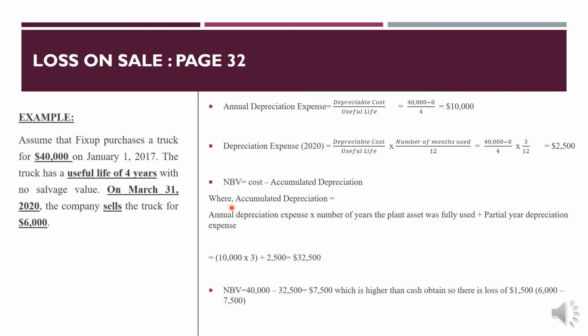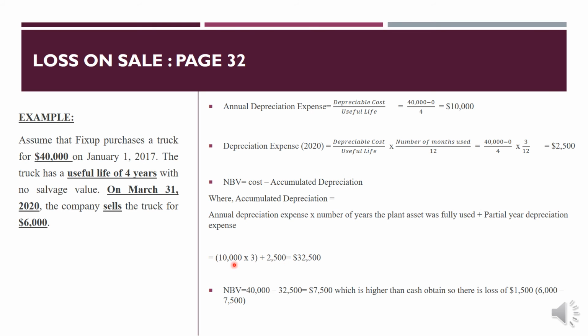The net book value is equal to the cost minus accumulated depreciation, where accumulated depreciation is the annual depreciation expense times the number of years the plant asset was fully used plus the partial year depreciation expense. The company fully used the truck during the years 2017, 2018, and 2019. So we have 3 full years. That's why we did $10,000 times 3 plus the partial year, which is $2,500.